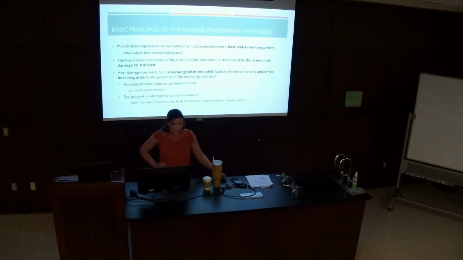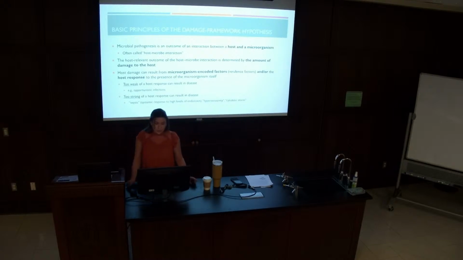So just some basic principles of this damage framework hypothesis. Essentially our immune system is going to be activated when there's some sort of damage by a microbe. Microbial pathogenesis, being able to call it a pathogen, is an outcome of the interaction between a host and a microorganism.